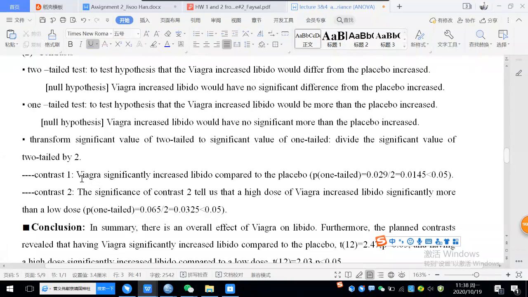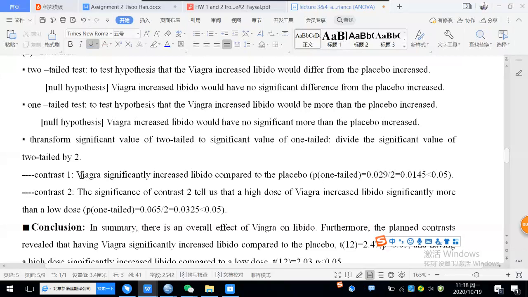Okay. If the contrast is whether Viagra significantly increased libido compared to the placebo, right, then you need to use 1/3. If the null hypothesis is that the mean of libido when we use Viagra or not use Viagra has no significant difference, then we use 2/3.